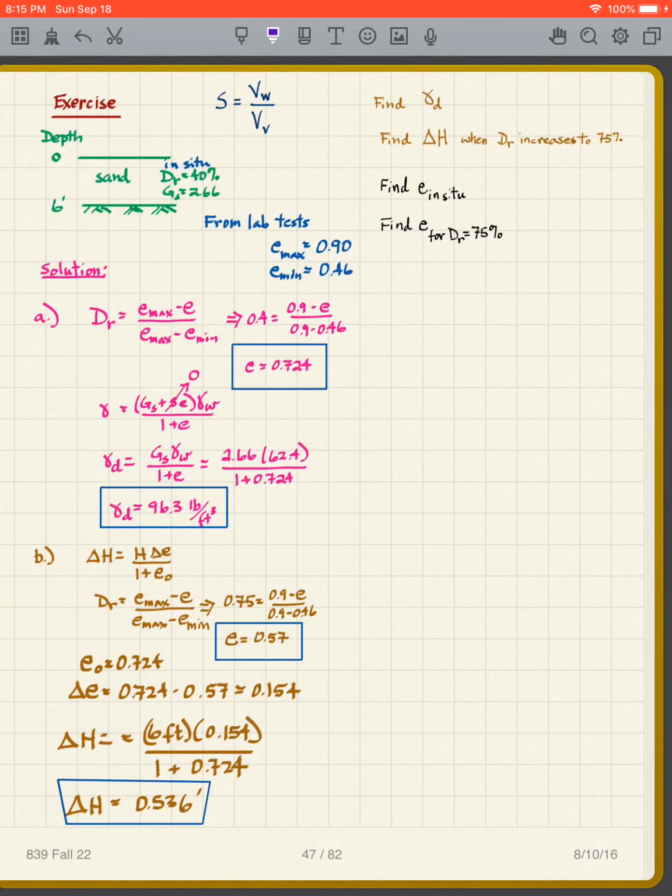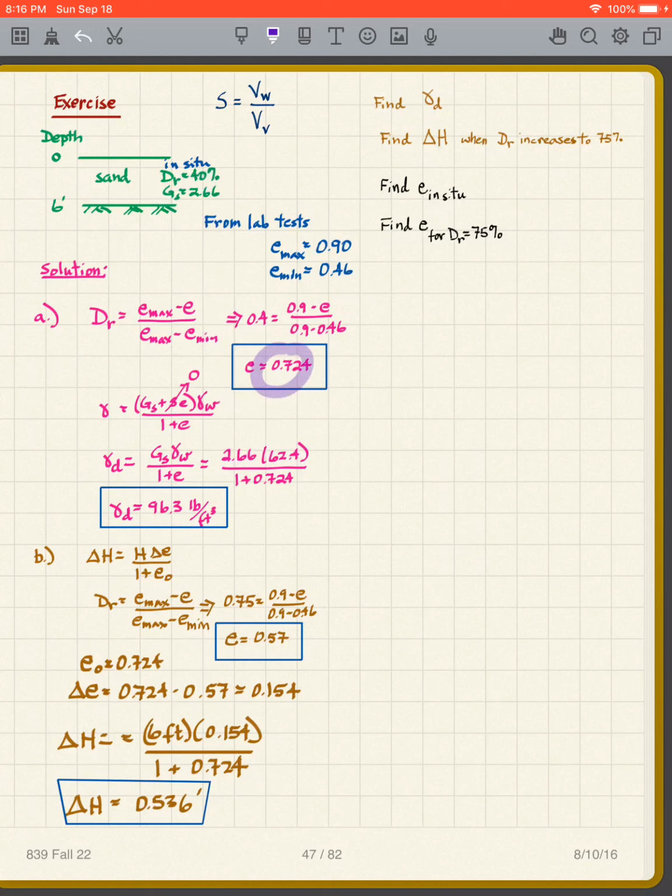So what do I know? I know that gamma, which is G_S times S times E gamma W over 1 plus E, from our relationship equations from the beginning, since S is 0 because the sand is dry, that means that gamma is gamma D, which is G sub S times gamma W over 1 plus E. And that means that I just plug in the values here. 2.66 comes from here, 62.4 pounds per cubic foot, we all know that.